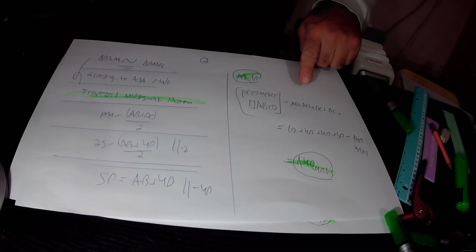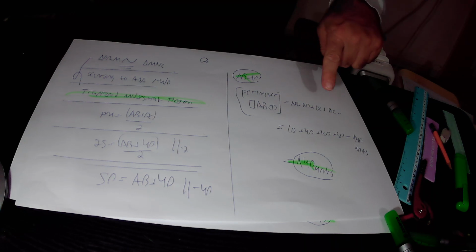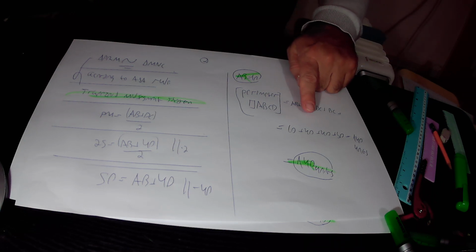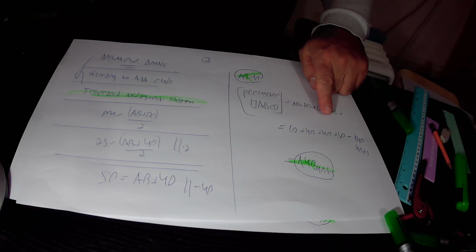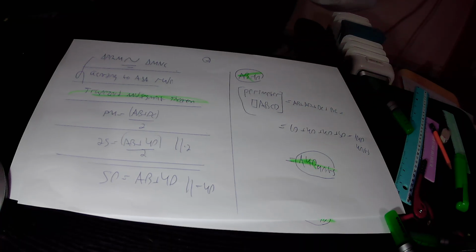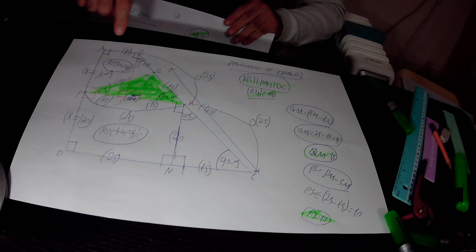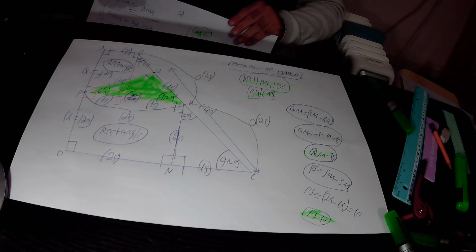AB is 10, AD is 40, DC is 40, BC is 50. 10 plus 40 is 50, 50 plus 40 is 90, 90 plus 50 is 140. So the perimeter of this quadrilateral ABCD is equal to 140 units in its length.